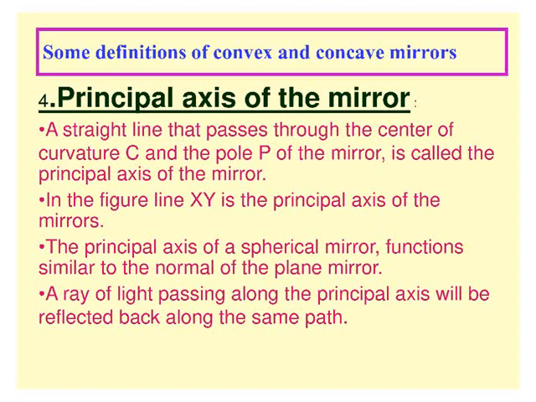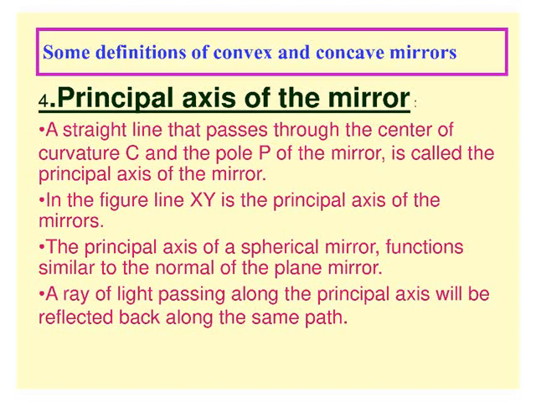The principal axis of a spherical mirror functions similar to the normal of a plane mirror. The normal of a plane mirror is a line which is 90 degrees to the plane of the mirror. Similarly, this principal axis acts as a normal to the curved mirrors.